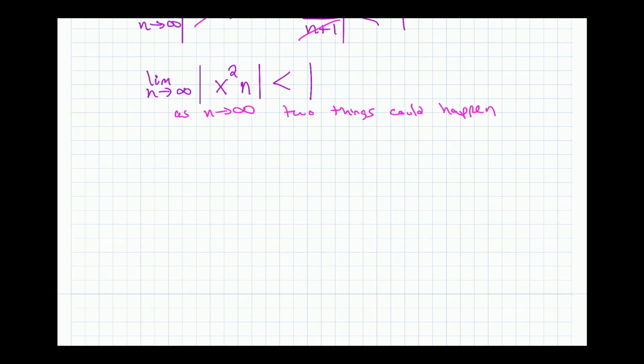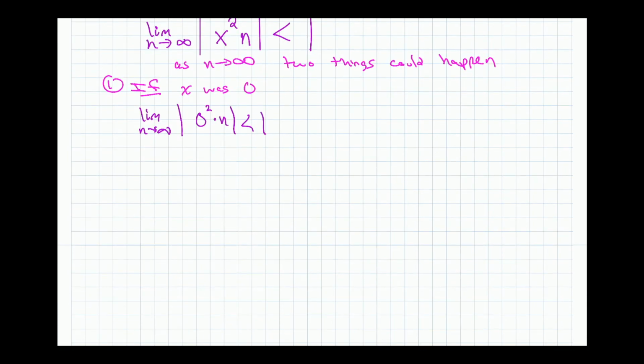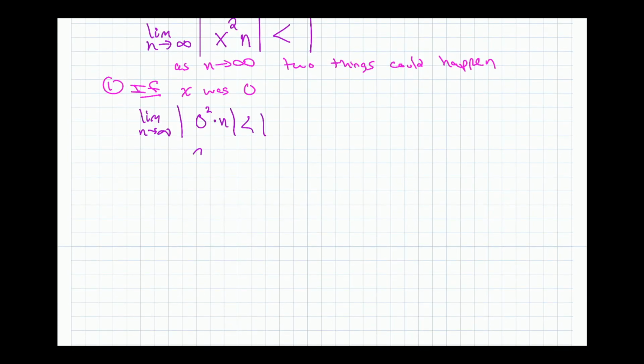So the first thing is that x might be 0, right? If x was 0, then what you'd be looking at is the limit as n goes to infinity of 0 squared times n, which is less than 1, and then 0 would be less than 1.